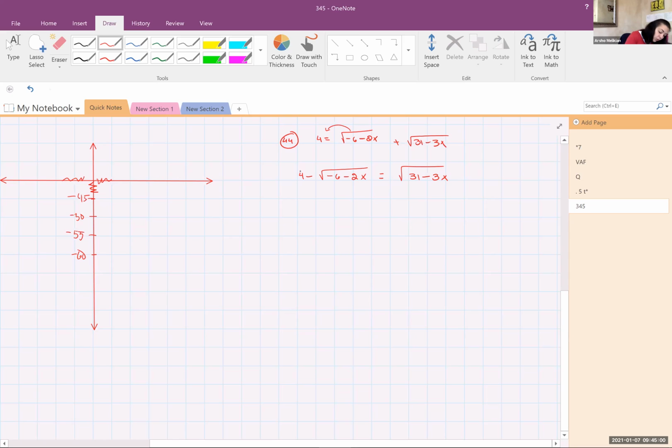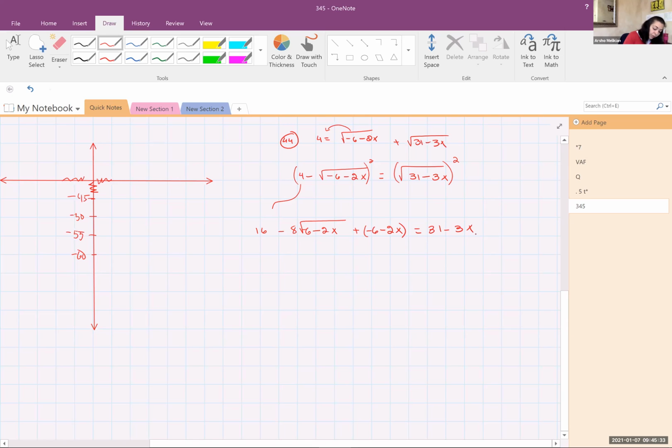And now I'm going to square both sides. So here, when you square the first term, you get 16. The inside term is -8 times the root, plus the square of the root, equals 31 minus 3x.